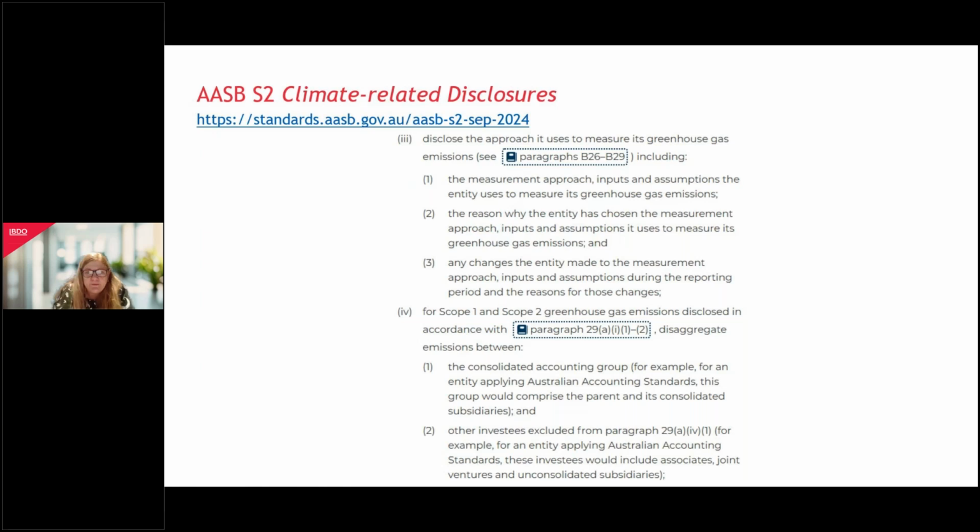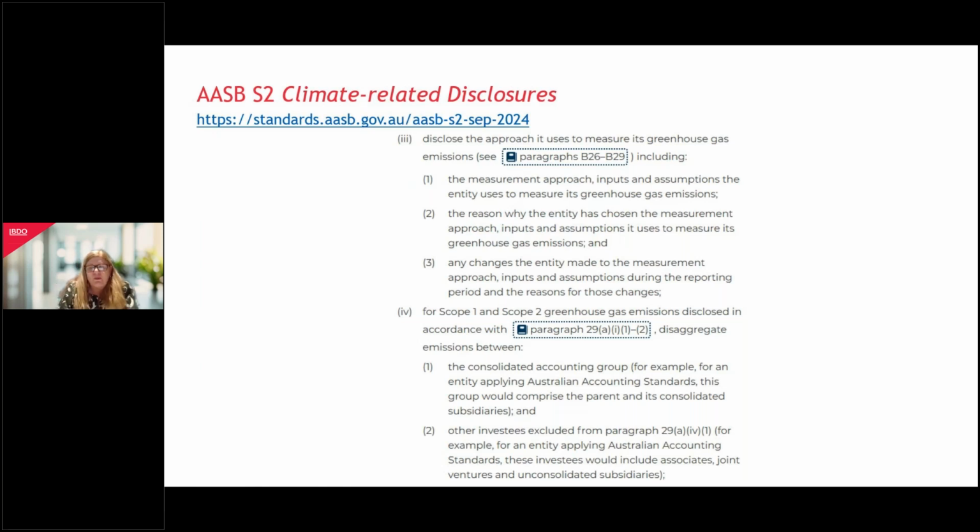Then also for scope 1 and 2 greenhouse gas emissions, you need a disaggregation between the consolidated accounting group and other investees that are excluded.